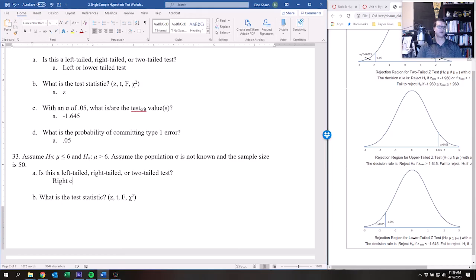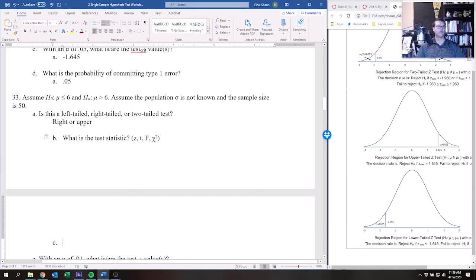Okay, so assume that it is not known. So what is the test statistic? With a single sample, it's always only ever going to be z or t.